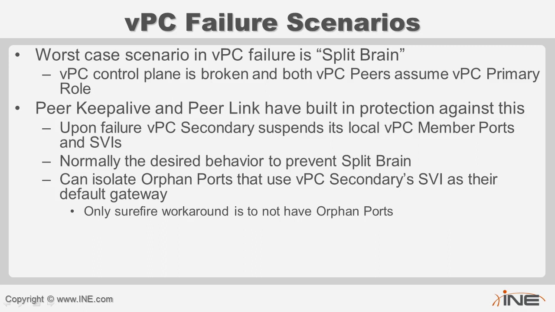We do not want any port that has only single connectivity to the vPC peers while that port is using the same VLAN as any of the vPC member ports. If we have a completely separate VLAN just for the orphan ports, that's going to be fine, because those VLANs would not normally be forwarding across the peer link to begin with.